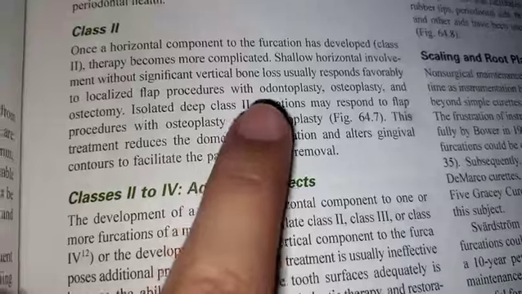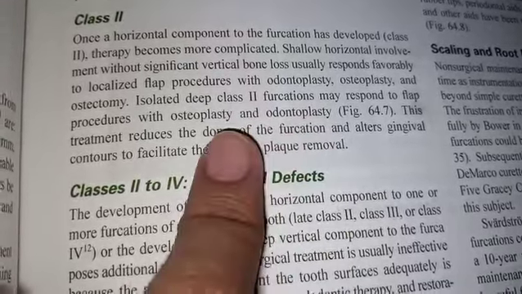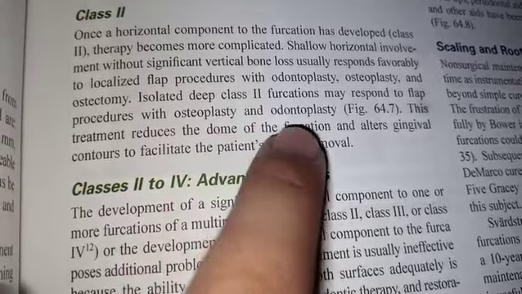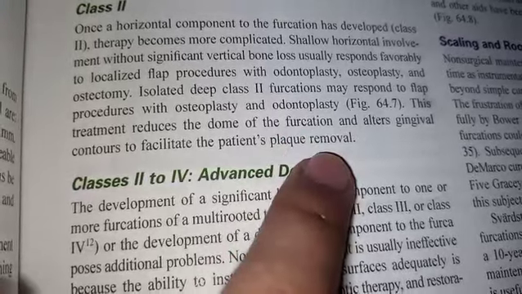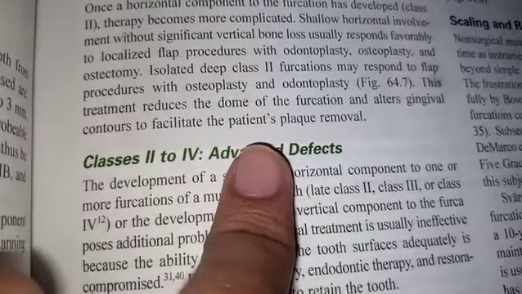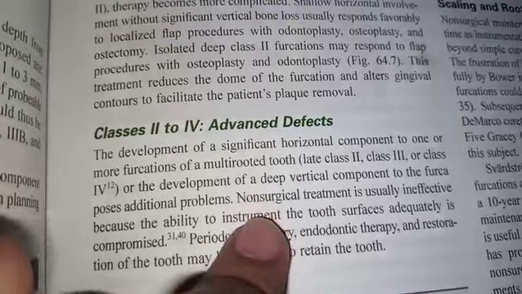Isolated deep class 2 furcation can also respond to a flap procedure done with osteoplasty and odontoplasty. This treatment reduces the dome of the furcation, and also changes the gingival contours in order to facilitate and control the patient's plaque removal.